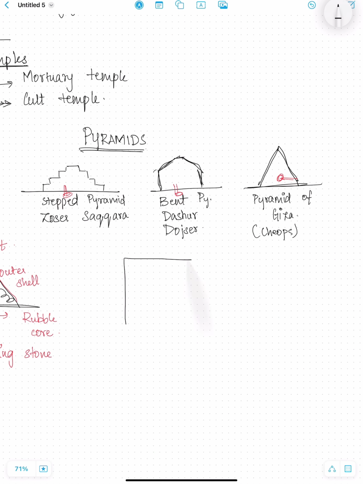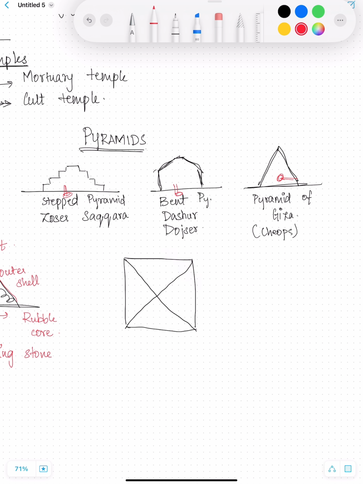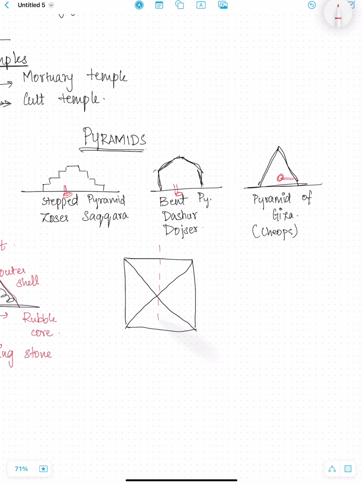So if this is your pyramid, it was oriented properly to the cardinal directions.